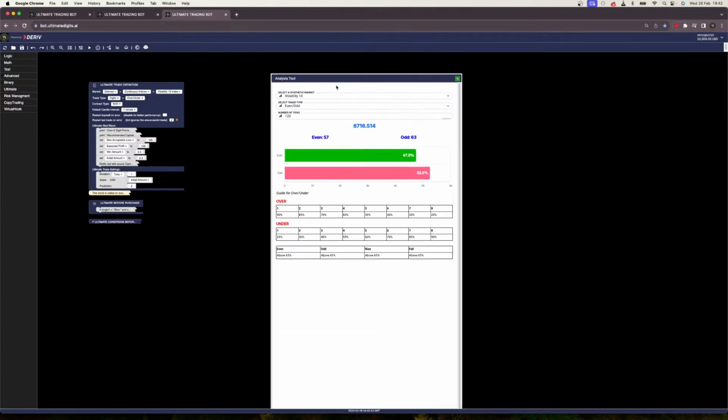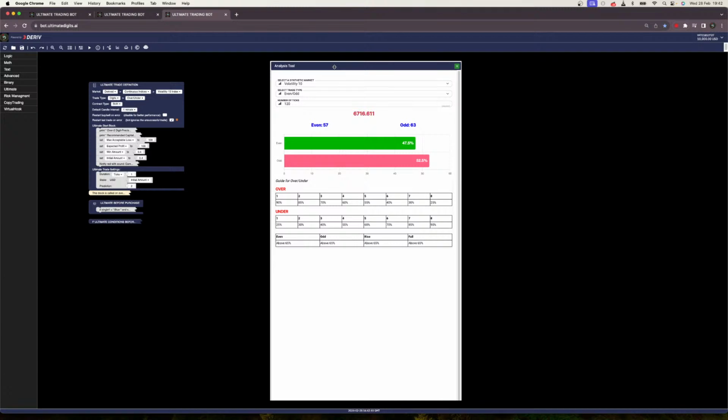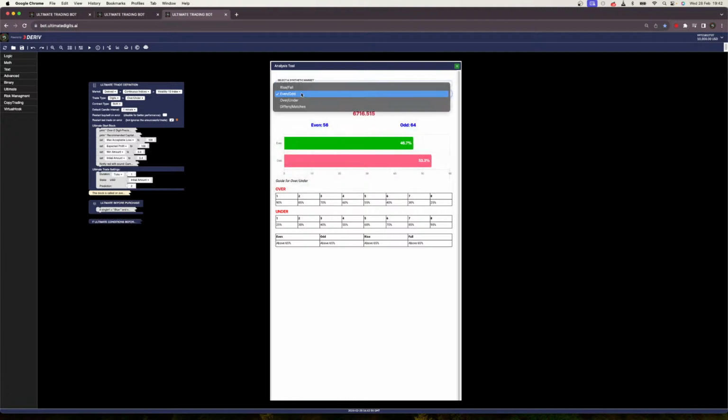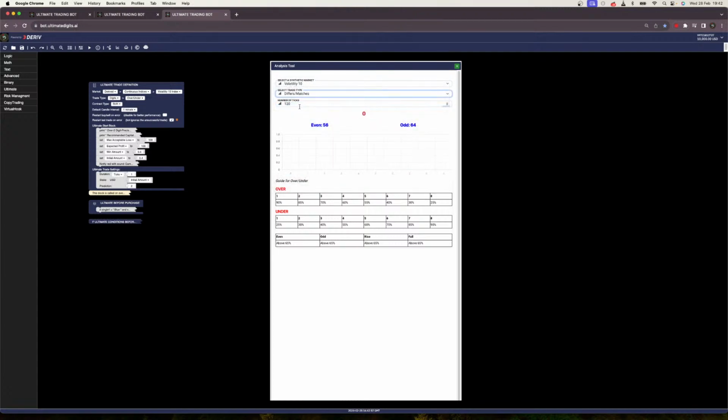So this is just a simple strategy to trade over 2 digits. I will set the trade type to differs and matches, and set the number of ticks to 200 duration.